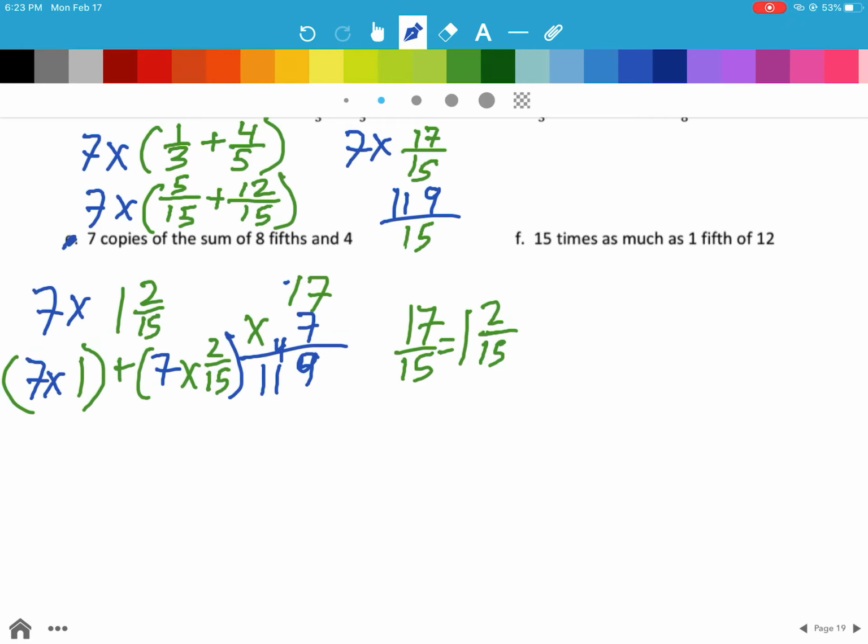All right, so that will be easier to do. So I have 7 plus 14/15. So my answer is 7 14/15.